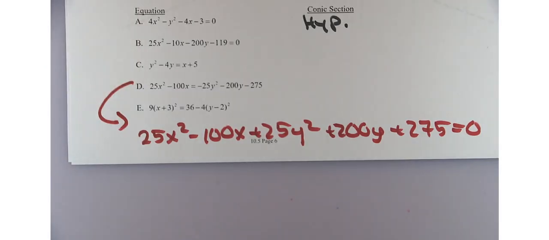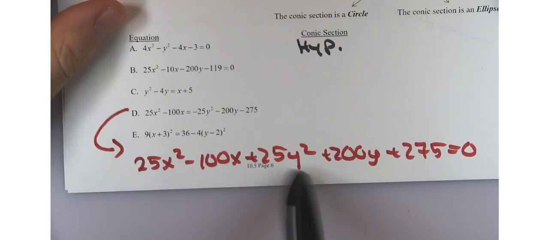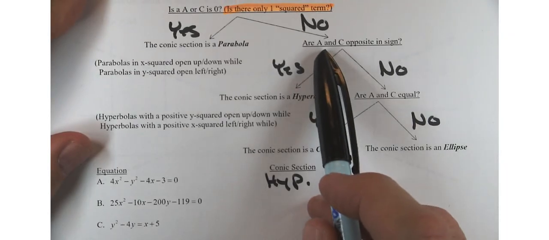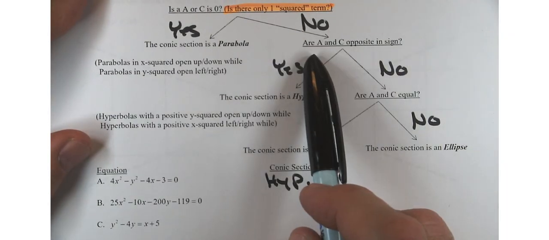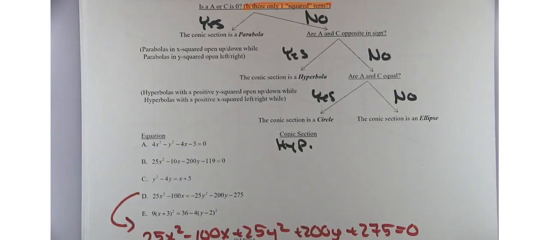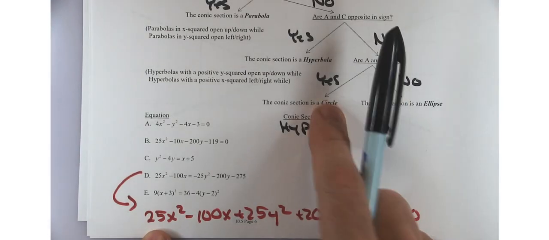Okay, let's hit our little tree diagram again. Are A and C both 0, or is one of them 0? No, you've got 2 squared terms. Okay. Are my squared terms opposite in sign? No, they're both positive. Are they equal? Yes.